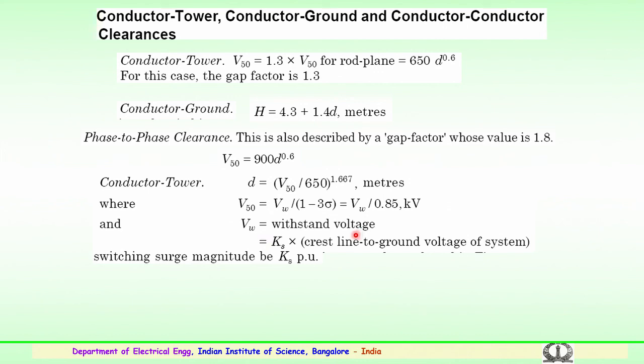So, the withstand voltage of that gap or clearance is Vw, which is further equal to Ks into Vcrest. Vcrest is the peak line to ground voltage of the system. Finally, Ks is the switching surge magnitude factor, per unit. This has to be clearly understood for the clearances while estimating for various voltage levels and various tower configurations.